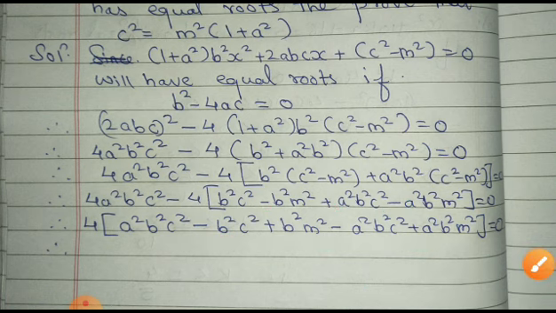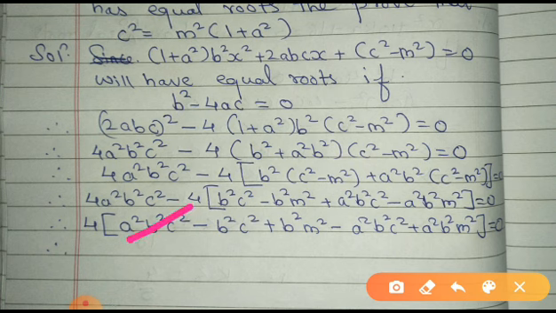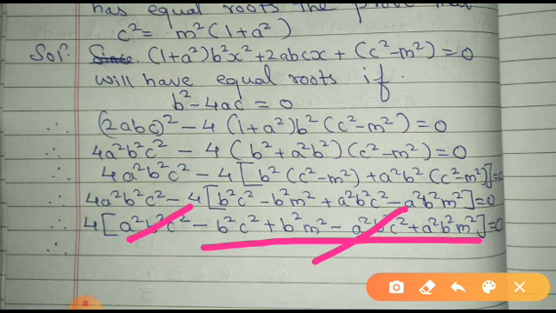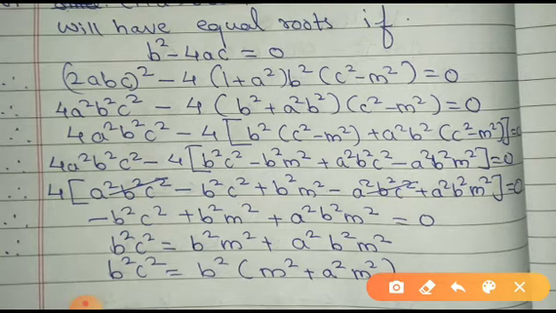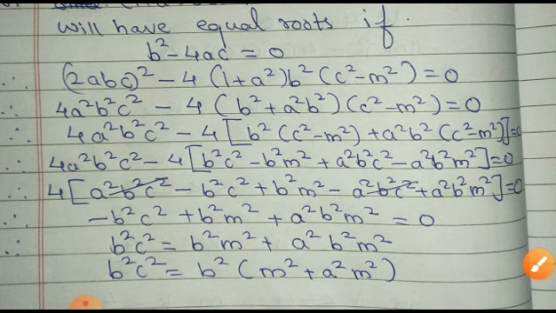Then this and this will be cancelled. Now, 4 into some number is 0. Will 4 be 0? No. That means the remaining terms in the bracket will be 0. So the next step, I'll get −b²c² + b²m² + a²b²m² = 0.